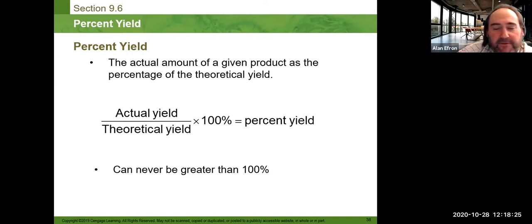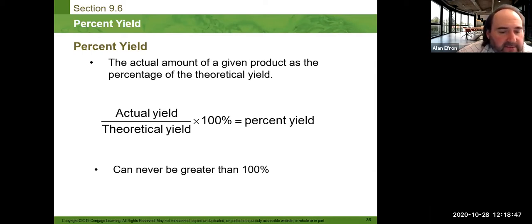So usually if you do shoot over 100%, for example, in the experiment we're going to see in just a second, part of the process is we make this solid and we filter it. And when we filter it on some filter paper and collect the solid, there's a lot of water and moisture from the reagents on the filter paper.